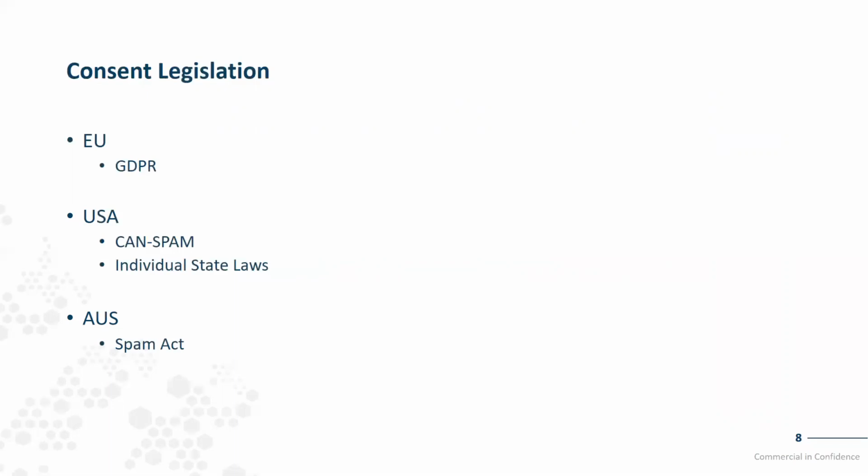And when we look at all these laws, individual state laws as well, the US in particular, the Californian state law is very stringent on privacy. So if you were to implement a privacy policy across the US data sets, you would probably implement the California one just in case you ever get any California customers.